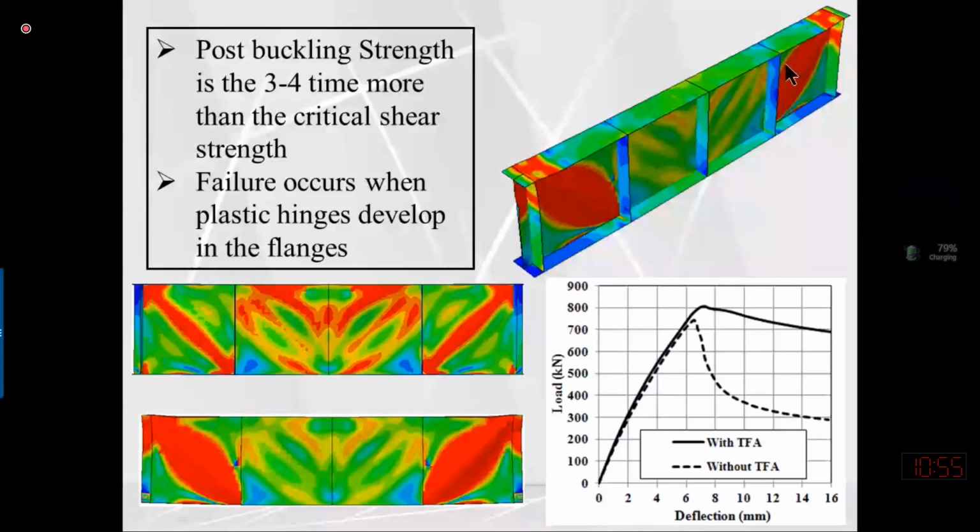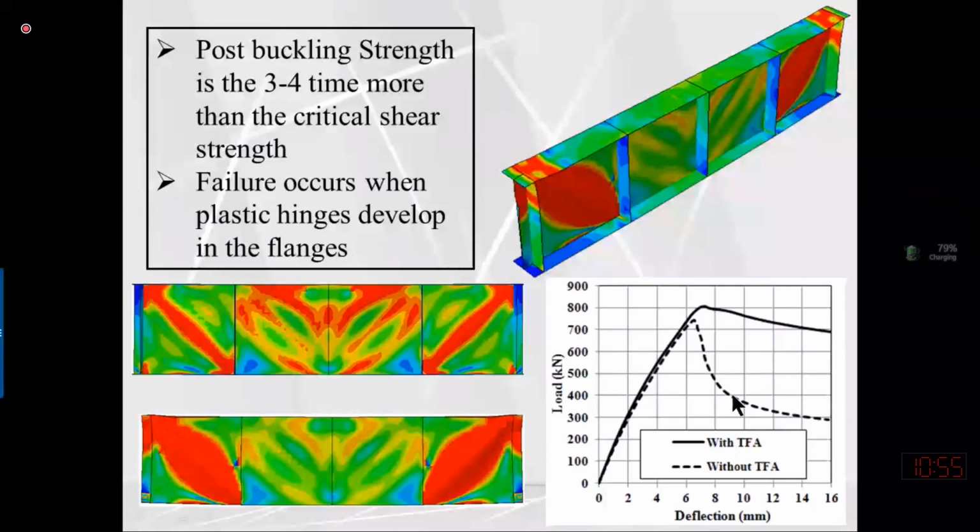So we are having a load carrying capacity like this. The ultimate load carrying capacity is 800, and after the web buckles, we still have some reserve capacity. In another plate girder, tested without these stiffeners, the ultimate capacity is less, and after buckling the capacity is reduced sharply. So this is without tension field action, and this is with tension field action.